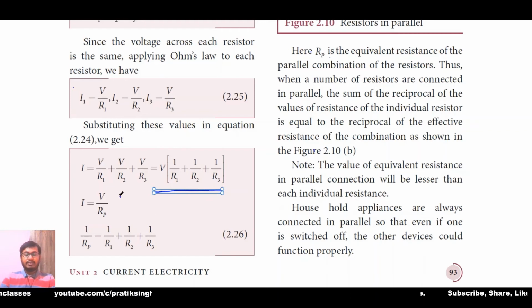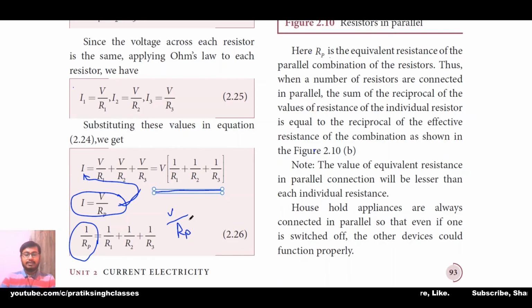We know very well that I is equal to V by Rp, okay. So in place of I, substitute the value V by Rp. Here V by Rp is equal to the term given here.